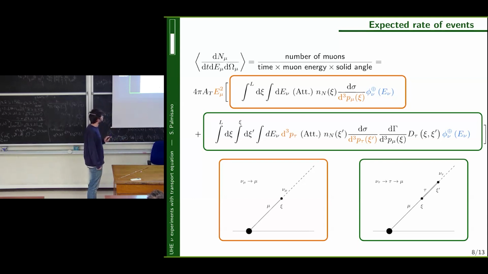So the kernel includes both the fully differential cross section for the conversion of a neutrino to a tau, the decay of the tau into a muon, the attenuation factor, which is the same attenuation as before, and then an extra one for tau attenuation, which depends on both psi and psi prime and includes the fact that the tau has traveled. So how many taus and muons are produced depends on both psi and psi prime.